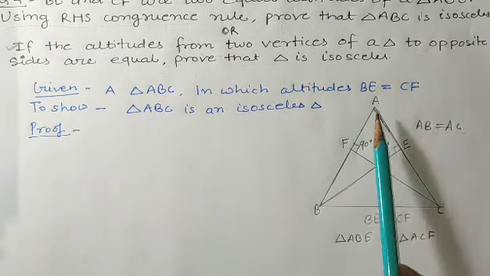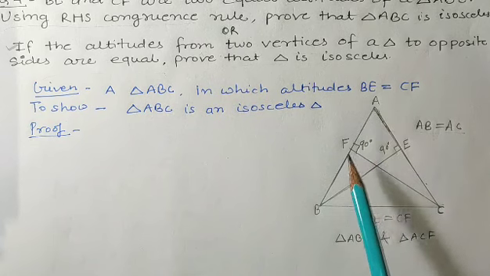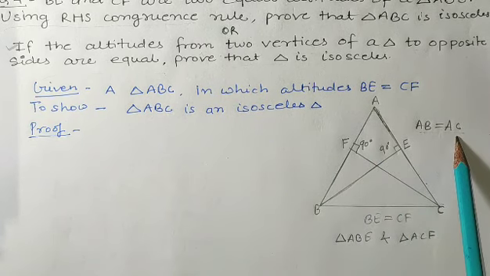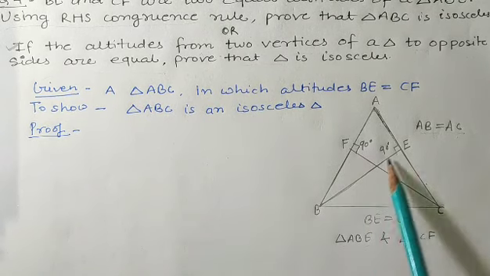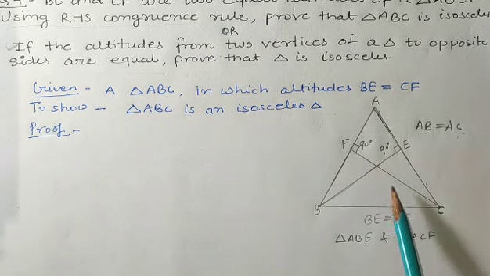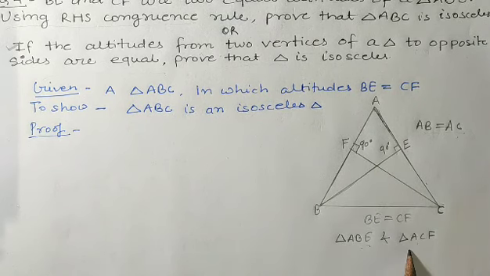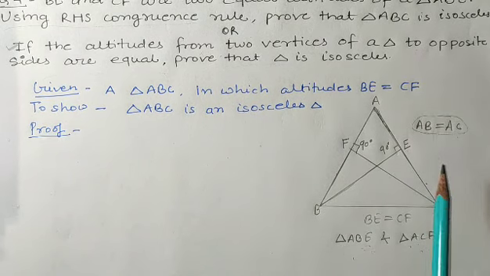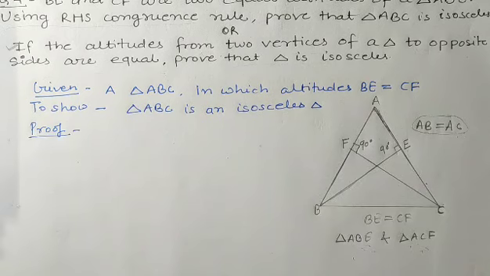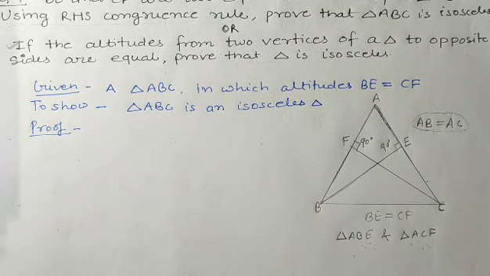The first method is to take triangles in which the sides AB and AC are contained, that is, triangle ABE and triangle ACF. If we show that these two triangles are congruent, then we can say AB is equal to AC. But in the question only the RHS criterion can be used.